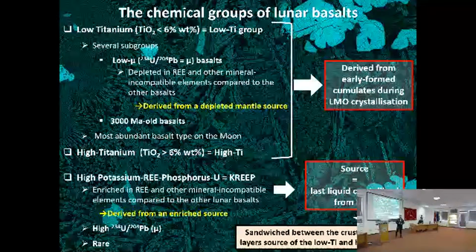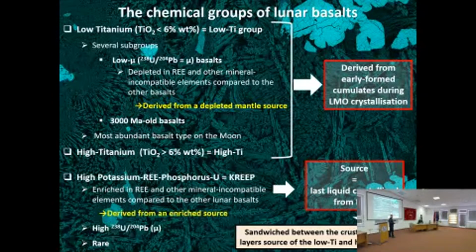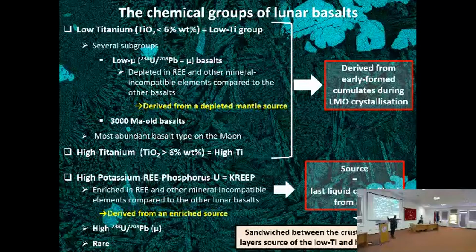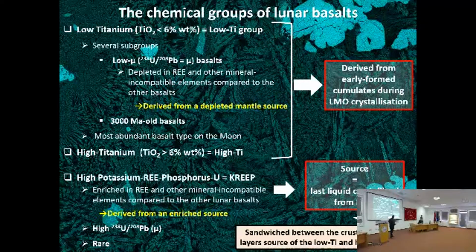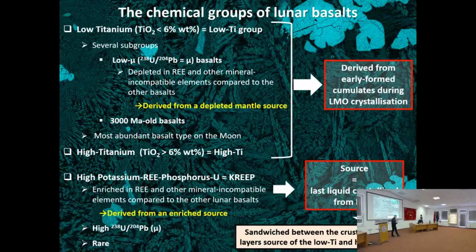Now, if we look at the basaltic volcanism on the moon, we can distinguish three main chemical groups. The low titanium basalts have a titanium content lower than 6%. We have several subgroups. I will just mention the low mu basalts. They are derived from a source with a low uranium-238 to lead-204 ratio.